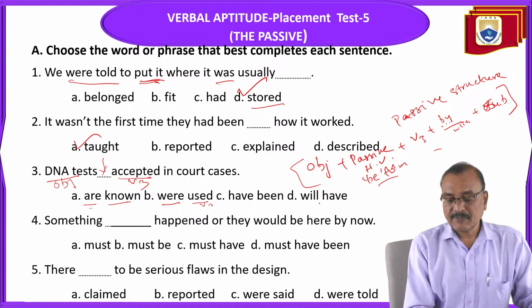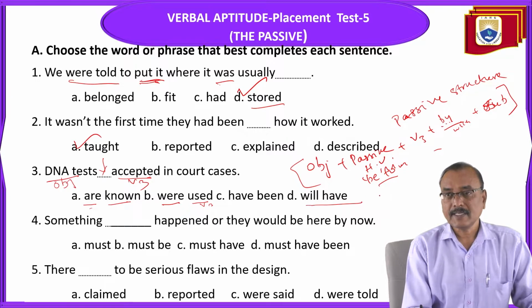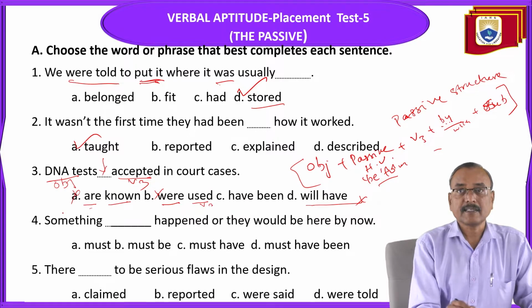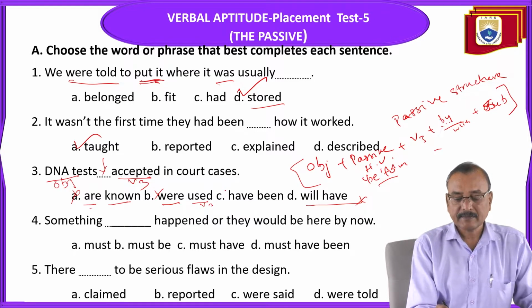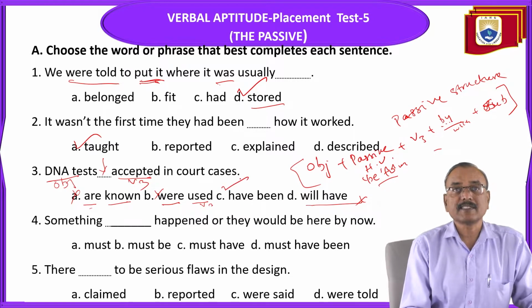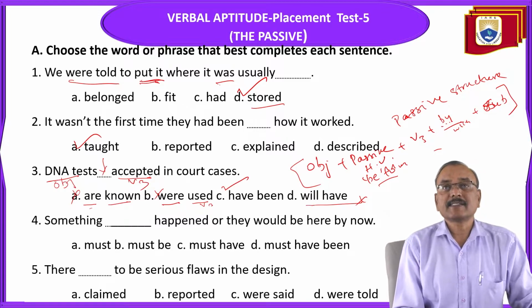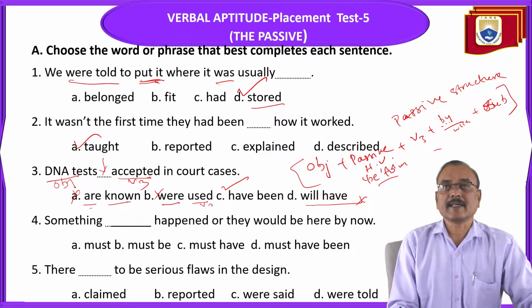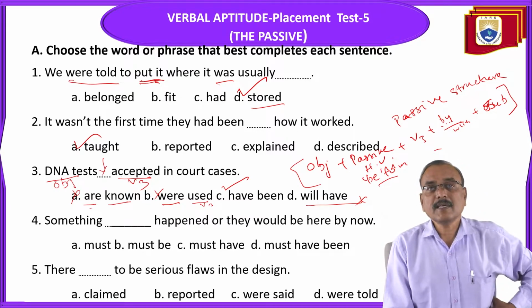So this will have is not B form. Here will have been, okay. So this is wrong. This is wrong here. So have been, this is the correct one. C is the correct one. DNA tests have been accepted in court cases. C is the right option. Okay.